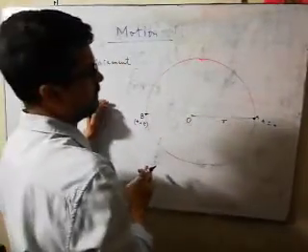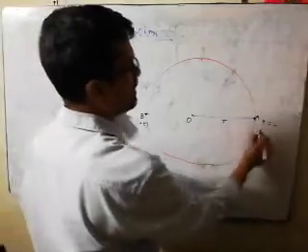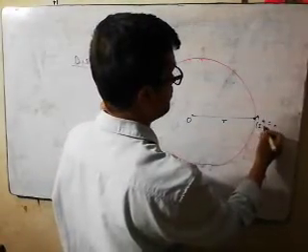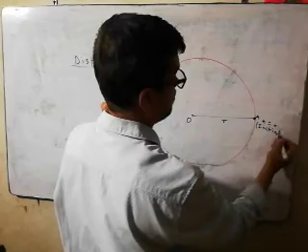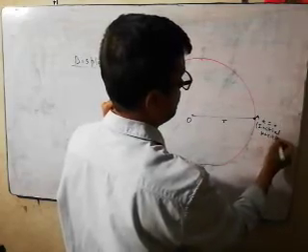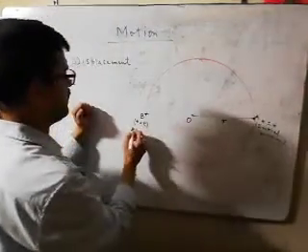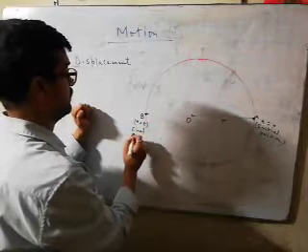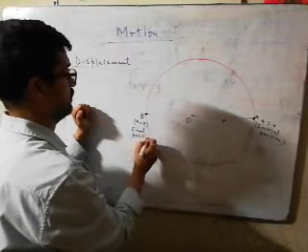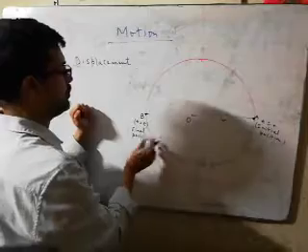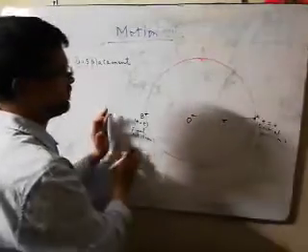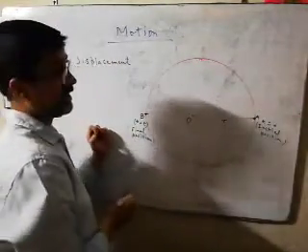So this is the initial position and this is the final position. So how to find final position minus initial position? The line joining again.